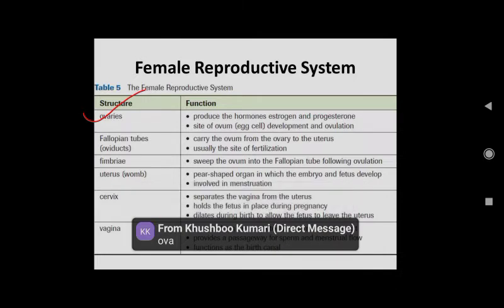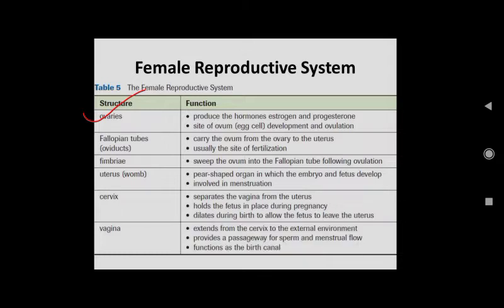Correct. And students, a term is given over here, site of ovum development and ovulation. Ovulation means release of the ovum at the mid of the menstrual cycle. That is called ovulation.